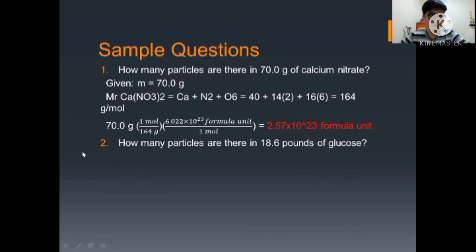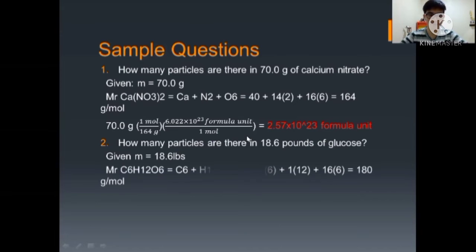Now let us continue to the second question. Here we have: how many particles are there in 18.6 pounds of glucose? So given that the mass of the glucose is 18.6 pounds, likewise we need to find the molar mass of glucose.